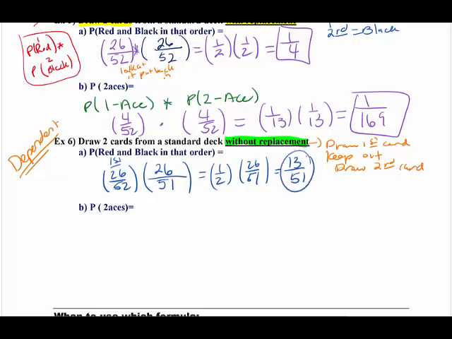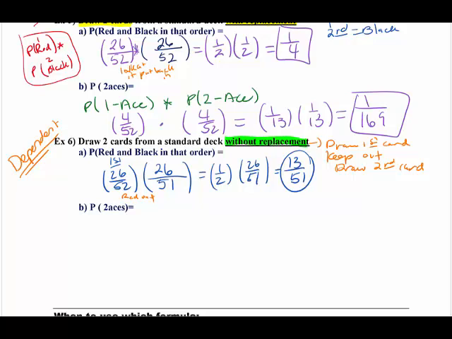This one, the red card stays out, and you don't put it back in. One card stays out. It affected the denominator because I kept one of the total cards out, but it did not affect how many black cards I had. And then I always multiply when I'm picking more than one.